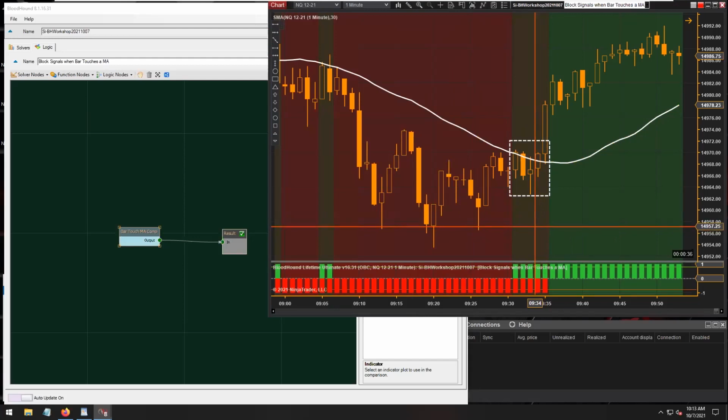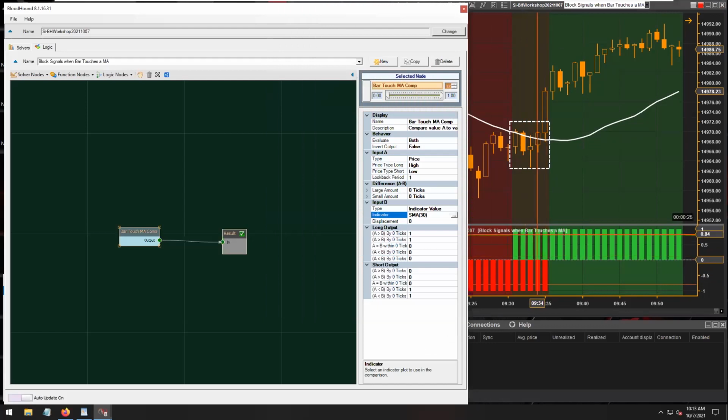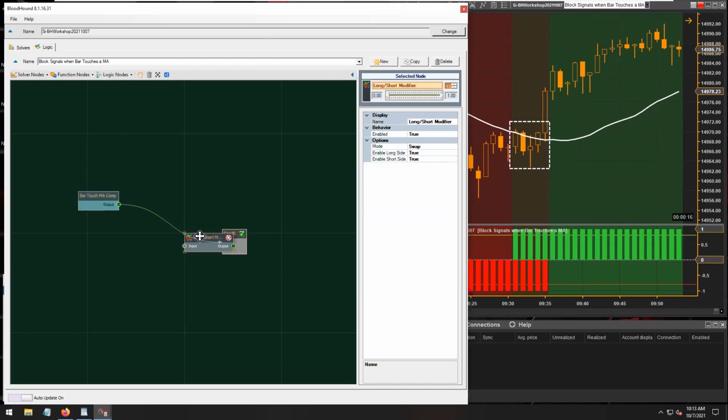All right. So here is what we're interested in, right? Is when we get a long and a short output. Although, since we want to block signals, right? So normally, let's just take a look at this. We'll generate basically the opposite condition first, just as an example here.